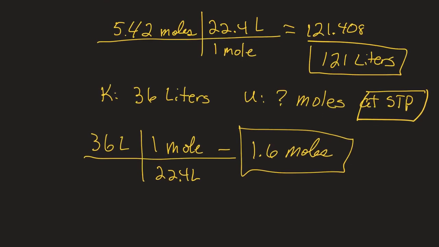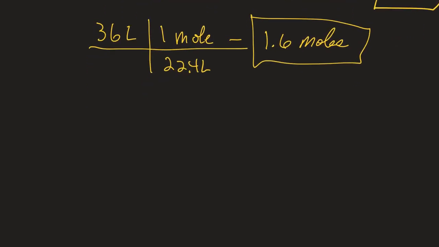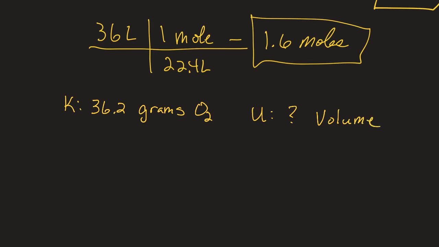Let's do one that's just a little bit more complicated. And in this problem, we're going to start off with grams. Let's say I've got 36.2 grams of oxygen, O2. That's my known. And I want to know how much volume this will take up.